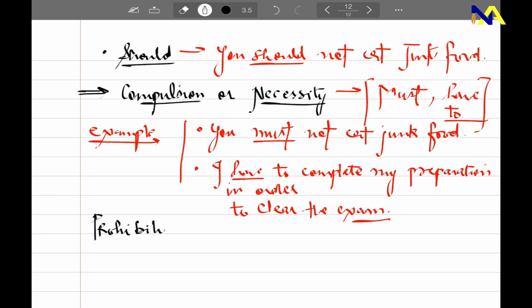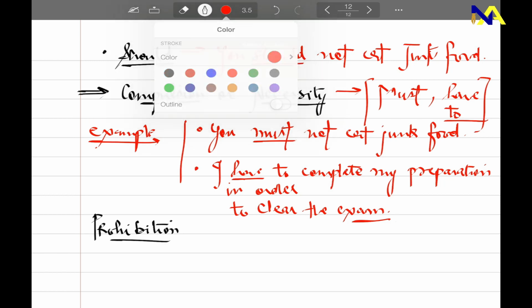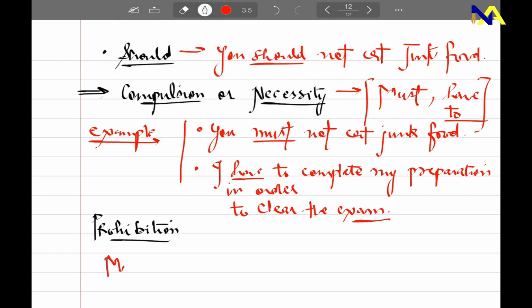Prohibition. Then we will use must not, okay?